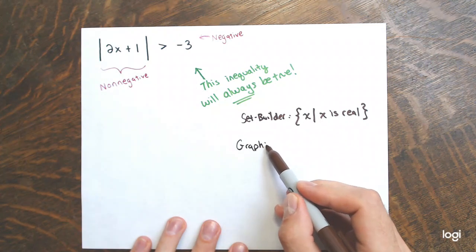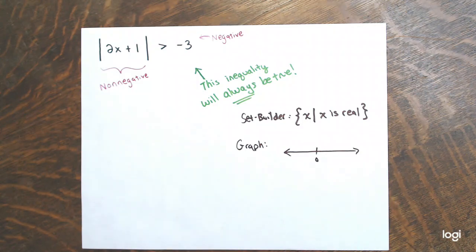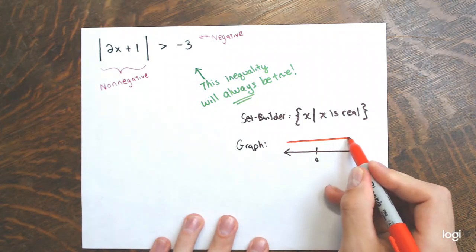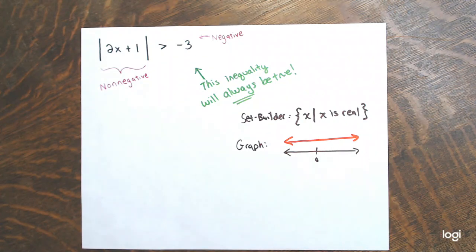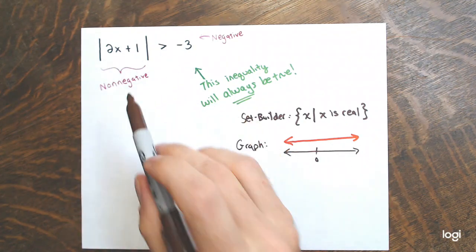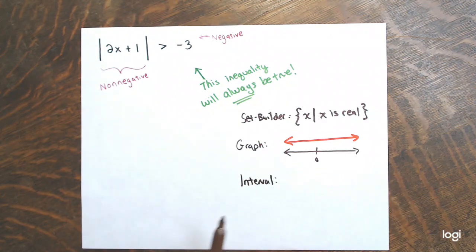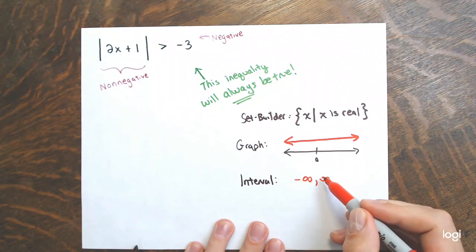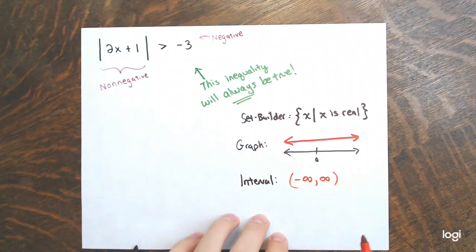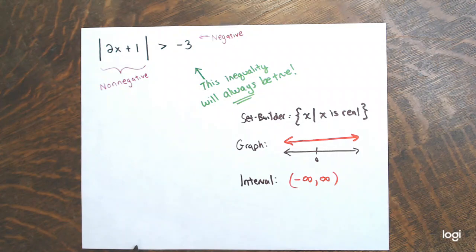Here's the number line, there's 0. It's everything from the far left to the far right. Every number makes this a true statement. This will always be true. The interval, same as last time, is from negative infinity up to infinity, in parentheses on those. All real numbers are solutions. A non-negative is always greater than a negative.